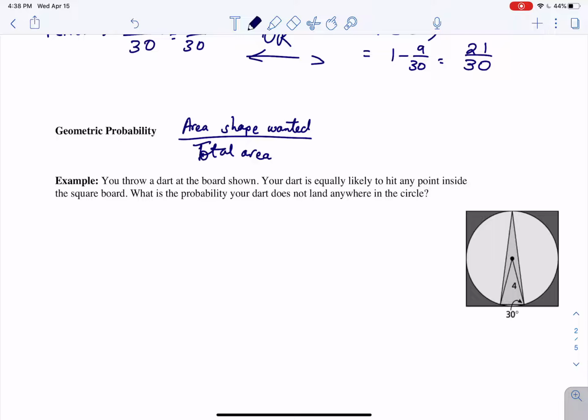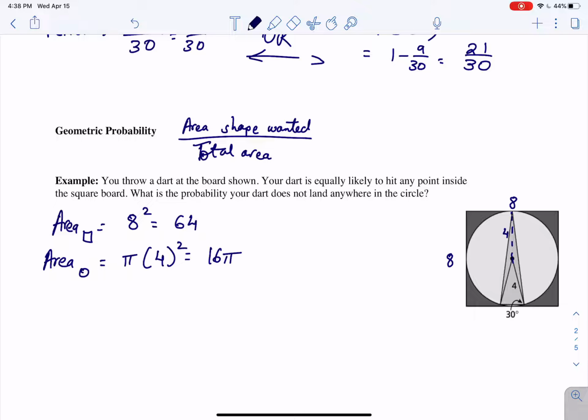So we want to know the total area of the shape, which is a square. We know that the radius of the circle is 4, which means this side is also 4. So the side length is 8. The area of the square is 8 squared, which is 64. And we want to know the area of the circle, which would be pi r squared. So pi times 4 squared is 16 pi.